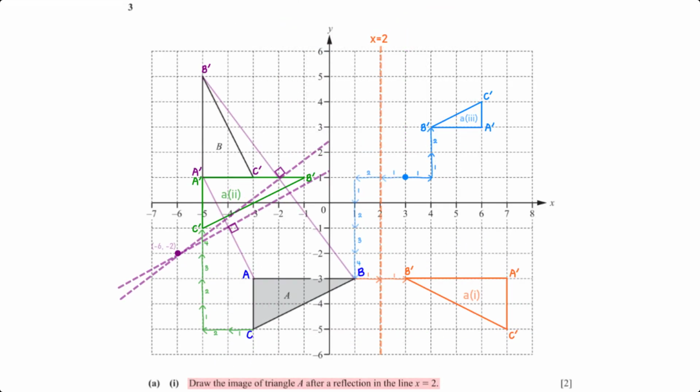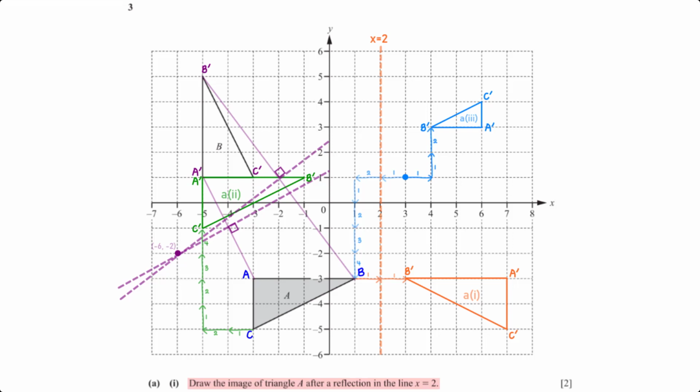Draw the image of triangle A after a reflection in the line x equals 2. So first, we draw the line of reflection, which is x equals 2. Then from here, we need to reflect the vertices of triangle A in the line x equals 2.